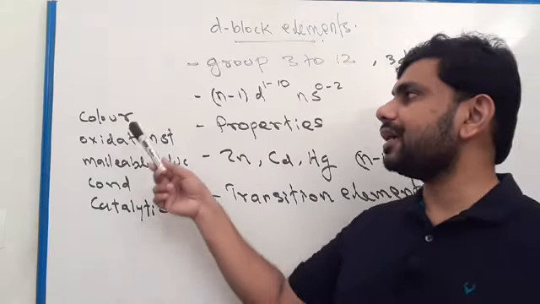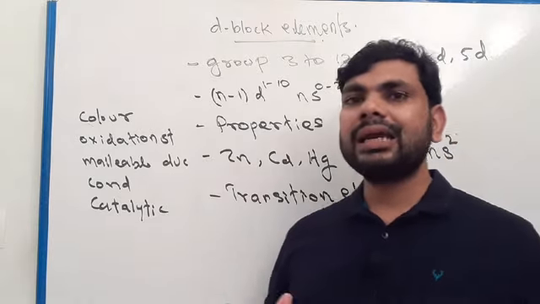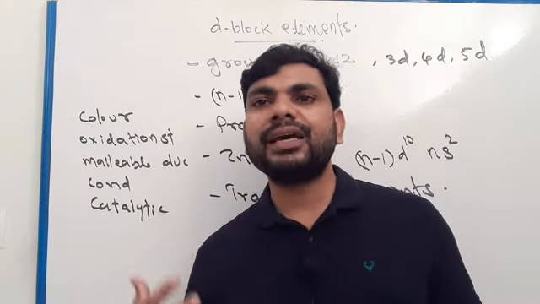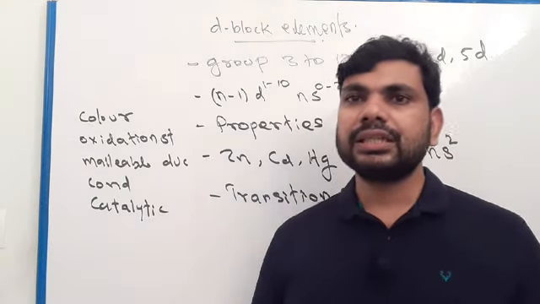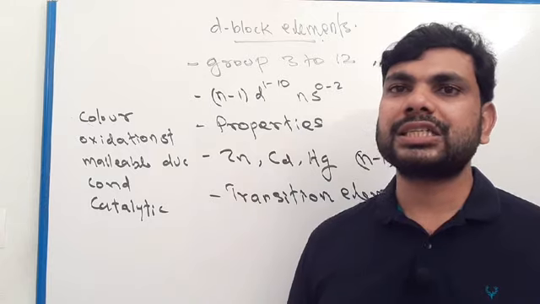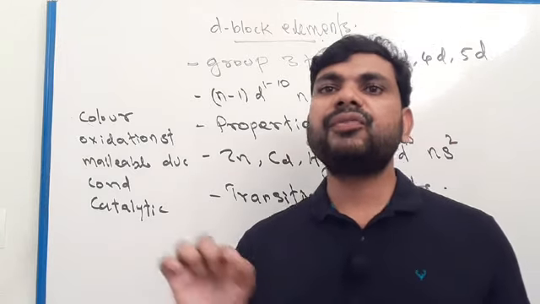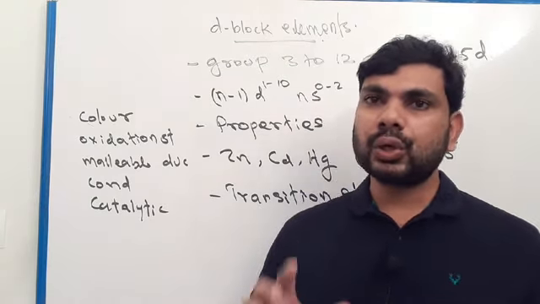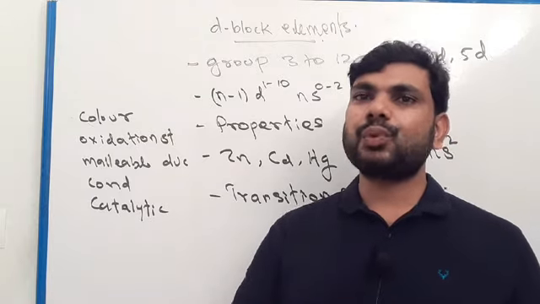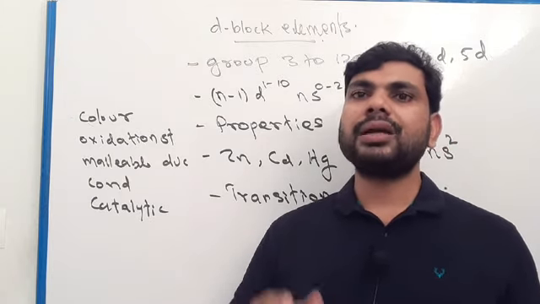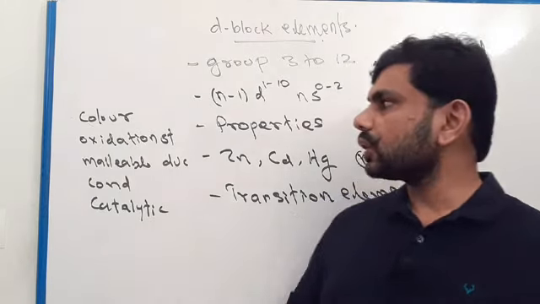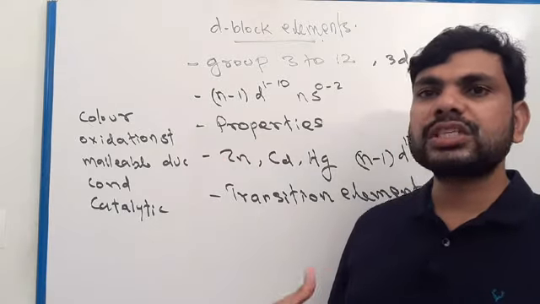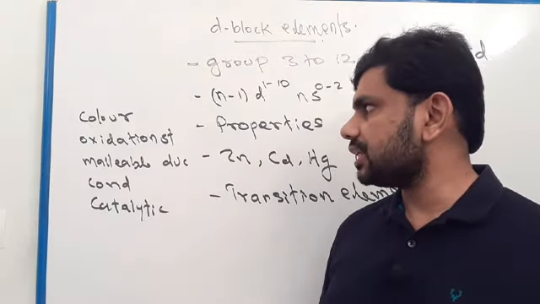D block elements also have variable oxidation states. They have multiple oxidation states. For example, iron Fe2+, Fe3+; copper +1, +2; cobalt +2, +3.